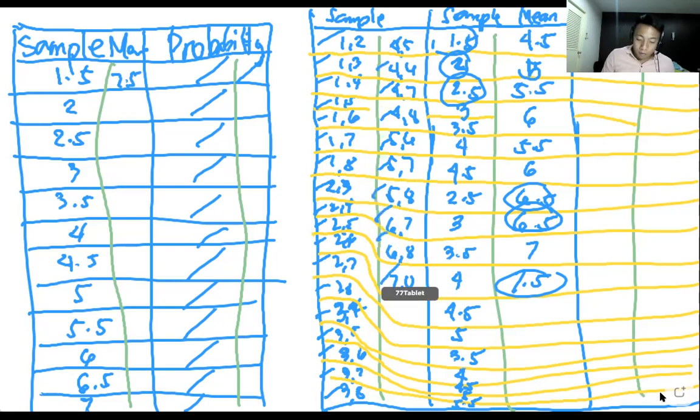So we have 28, which will be our denominator. So let's count for 1.5. For 1.5, we have only 1. So I will just put 1 over 28. That's for the first.